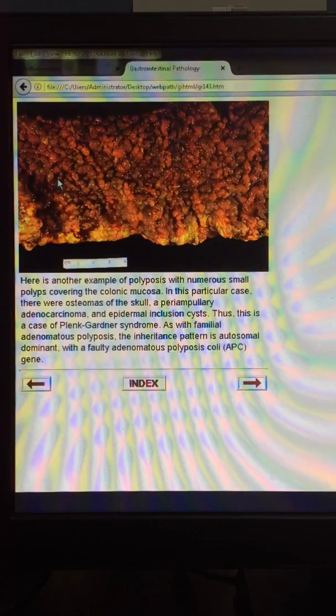If familial adenomatous polyposis is associated with extracolonic manifestations like development of osteomas or epidermal inclusion cysts, the name changes into Gardner syndrome.